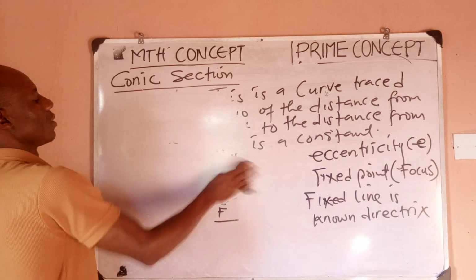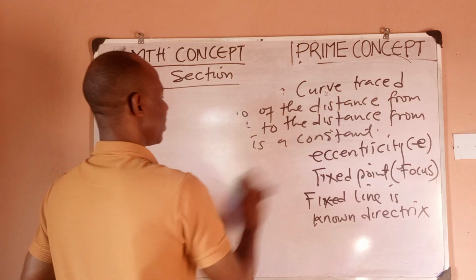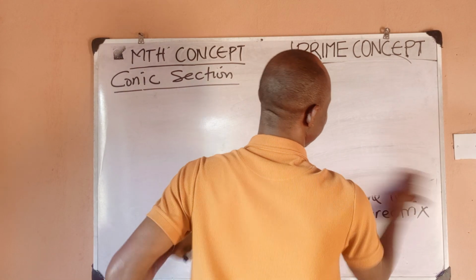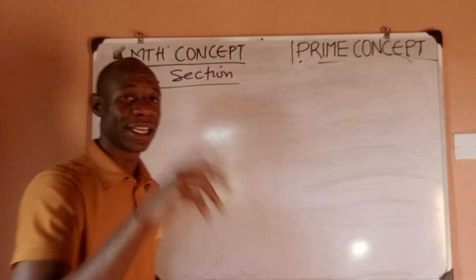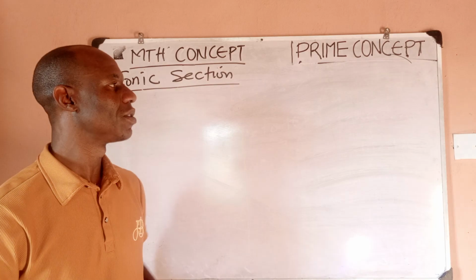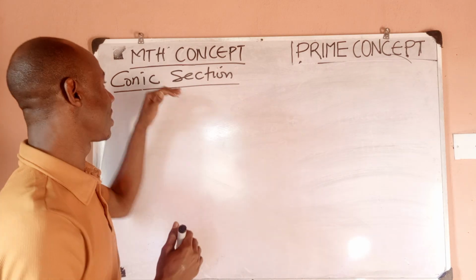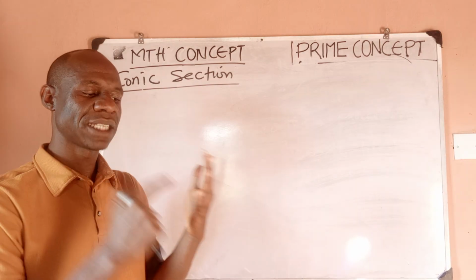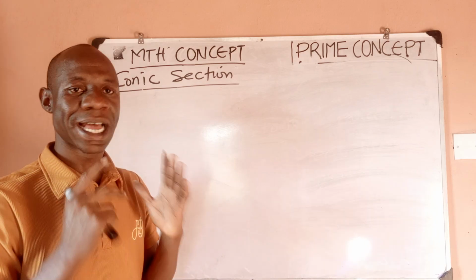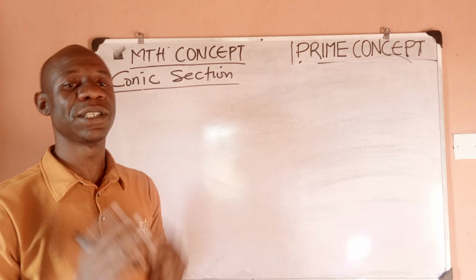Now, we want to state the general formula, just like we mentioned when we studied circle, that circles have a general formula. Can you still remember the general formula of a circle? Of course, I trust that you can remember. So the same way, conic section, which comprises parabola, ellipses, hyperbola and a circle, they have a general formula.